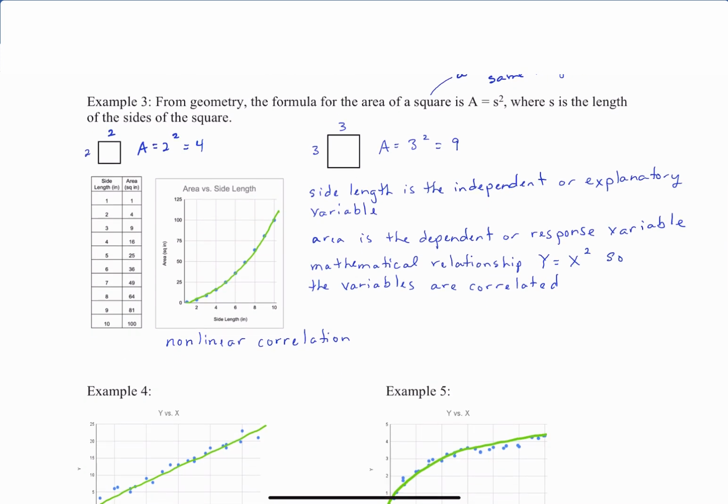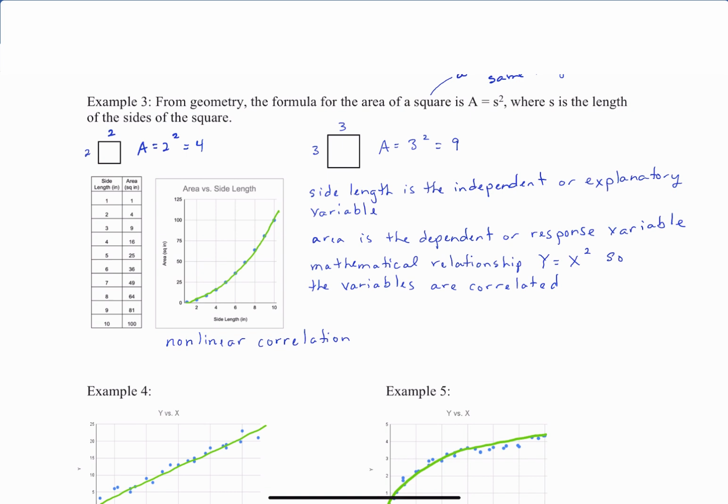And in the third example, where we had a nonlinear correlation, again, the reason there was a correlation is that the area of the square was determined by the side length of the square. If you make the side length of a square longer, that's going to cause there to be a larger area.